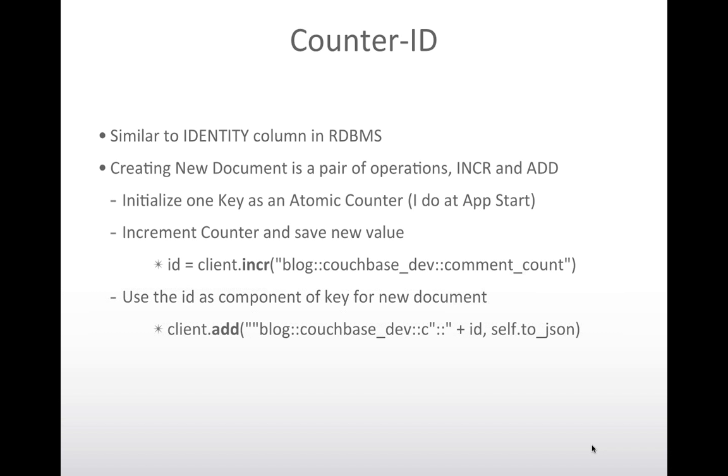For example, if you want to create a blog post, and the blog post has many comments, the way you do it is to save that with an increment for the number of comments you have inside the blog post. Like that, you have a unique ID for all the comments, and based on the prefix, which will be the title or the name of the blog, you will quickly get access to the comments.